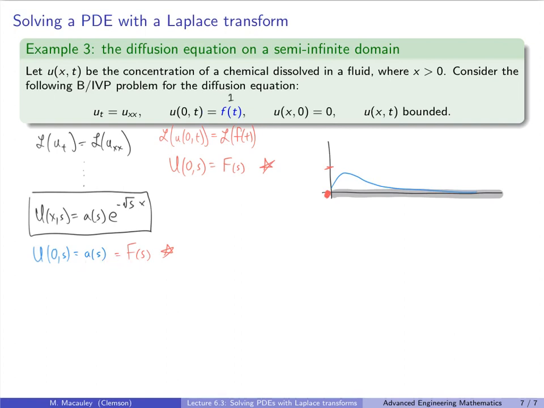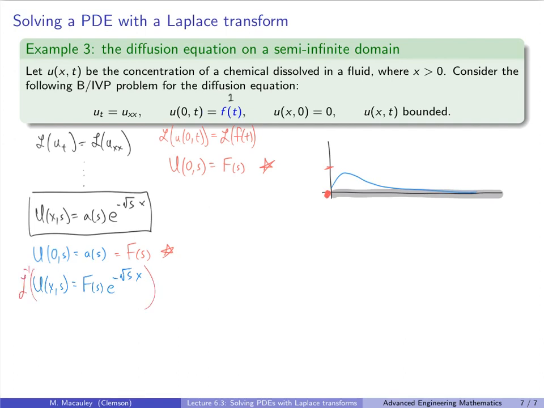So now we have our solution. U of x, s equals the Laplace transform of f times e to the minus root s x. And again, we have to invert this. So let's compute the inverse Laplace transform of both sides.